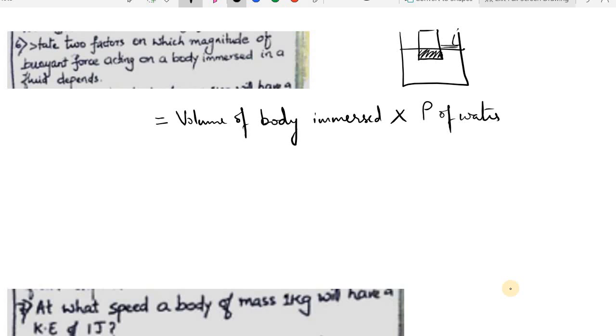So the two factors would be the volume of the body and the density of the fluid. It would be better to talk in terms of fluid, since in the question we have fluid over here.